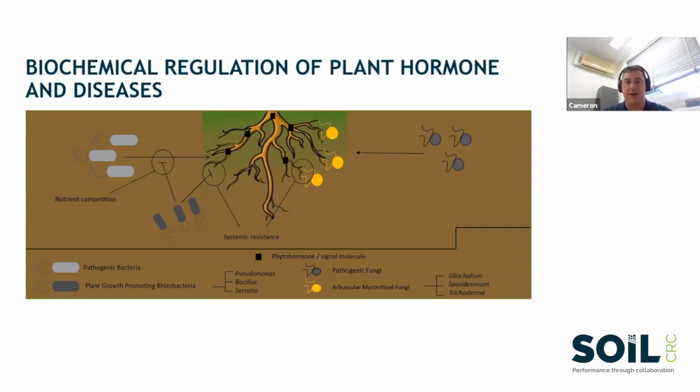I'm only going to feed the ones that are helping me. So it's actually quite smart how the plants do this. But the exact mechanisms and genetic releases are still unknown.